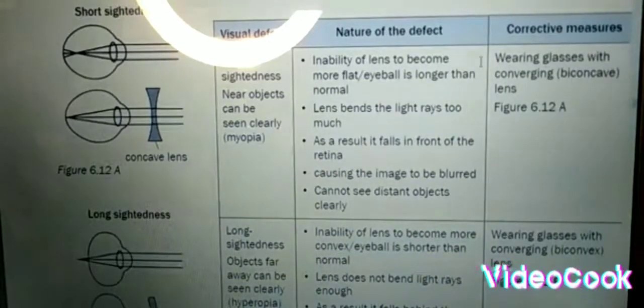It can be corrected by wearing glasses with diverging, biconcave lenses. These lenses replace the inability of the person's lens to become flat.